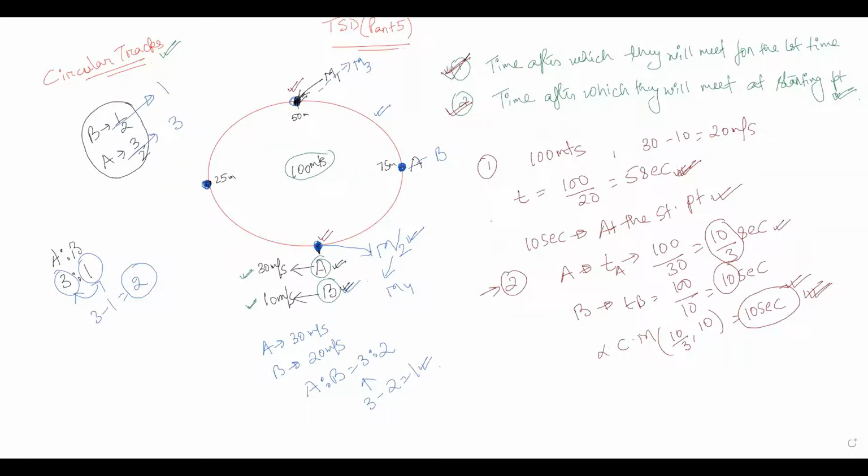So the time after which they will meet for the first time can be found by dividing the total circular length by the relative speed of the two persons, and the time after which they will be meeting at the starting point can be found by multiplying the total number of meeting points with the first meeting time, or by taking the LCM of the time taken by each person to complete the circular track.